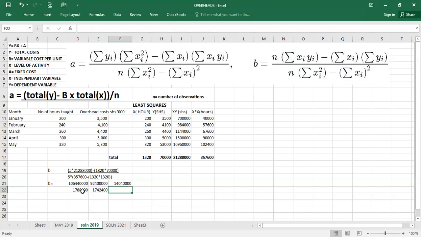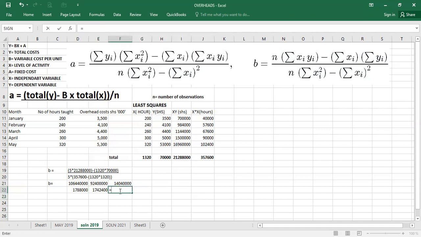Then we also get this. The one which was here was 1320 multiplied by 1320.